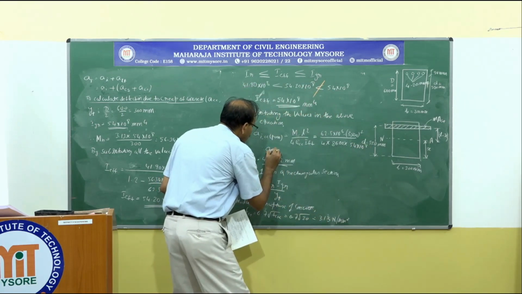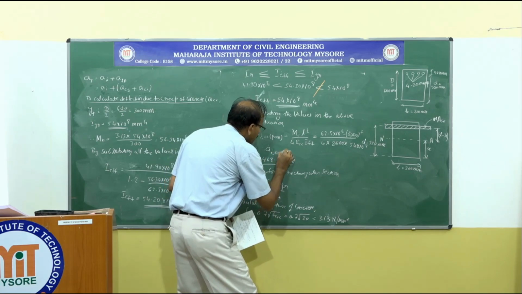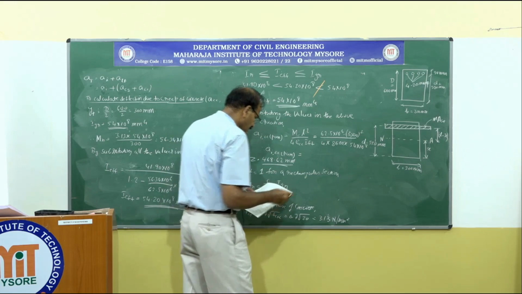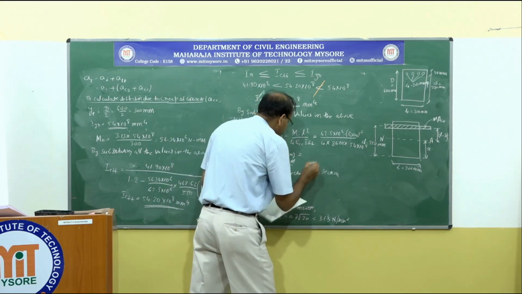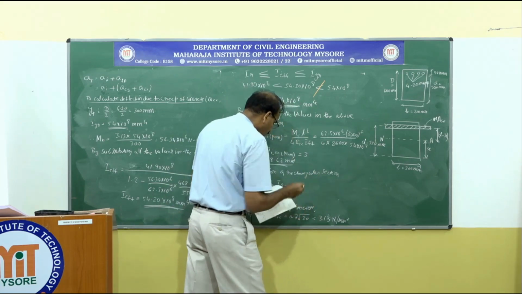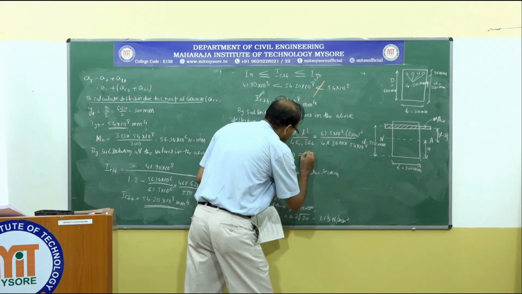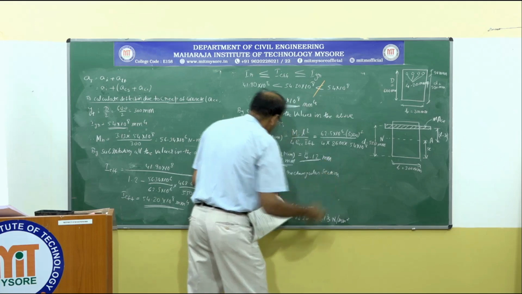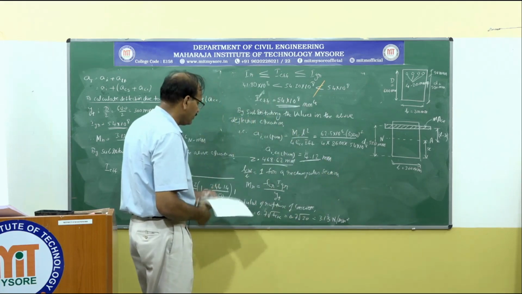Therefore, a_icc permanent equals 4.12 millimeter.